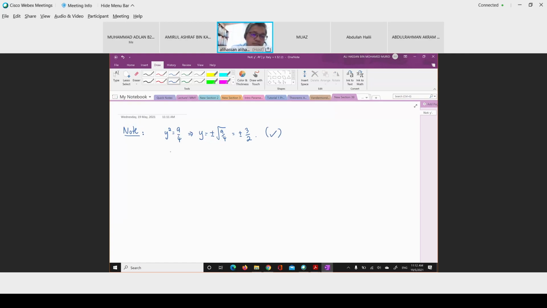But in test one, I saw sometimes students write it this way: y equal to the square root of 9/4 equal to plus or minus 3/2. That is not correct. The square root of 9/4 is positive; it always gives us the positive value. So this is not the correct way of writing.